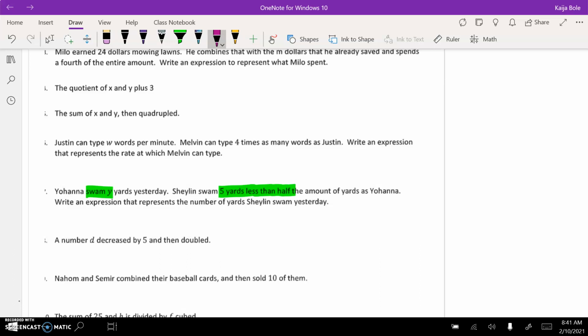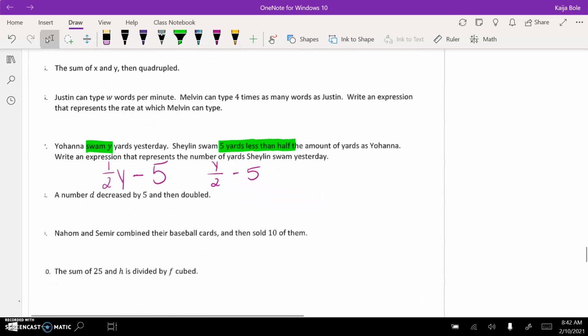So we know we have to start with Y. That's how much Johanna swam. But then Shaylin swam 5 yards less. So less, remember, means we're taking away 5. 1/2 the amount of the Y. So you could write it 2 ways. You could say 1/2 the Y, or you could say Y over 2 minus 5.